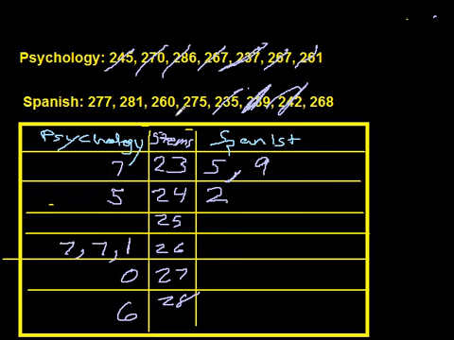Any 50s? No 50s, but I do have a 60, so 260. And then also a 68, so I can put an 8 down. And then I got a 275 and a 277, so I'll put a 5 and a 7 down. And then finally, ending with 281.